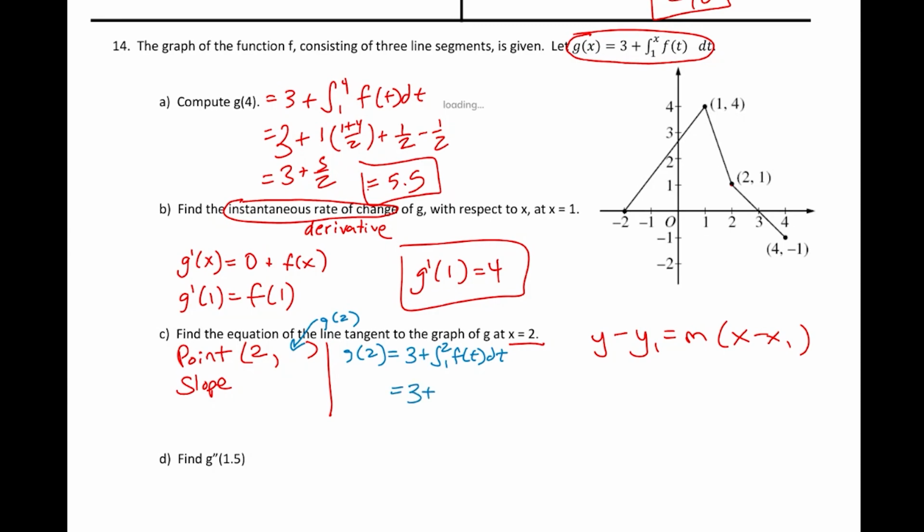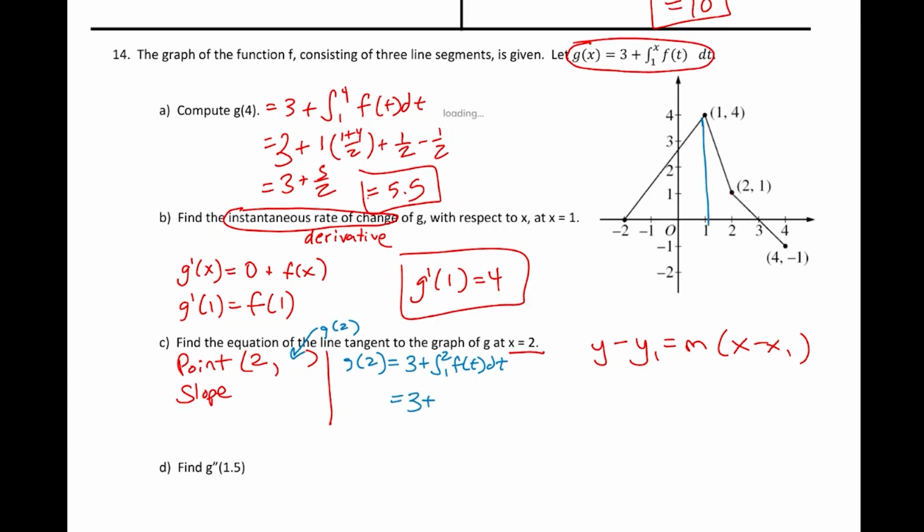So that's 3 plus the area from 1 to 2. Now we already found the area of this trapezoid. It's 2.5. It's 5 halves. So we'll just call it 2.5 because arithmetic's a little easier with decimals there. And so that's going to be 5.5. So 5.5 is the y value of that point.